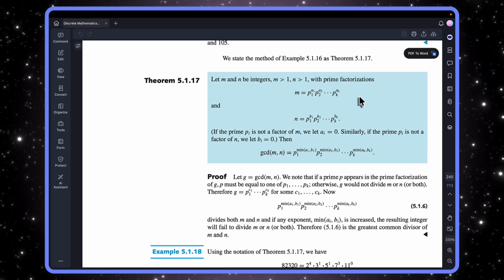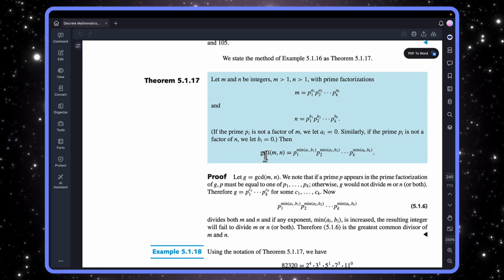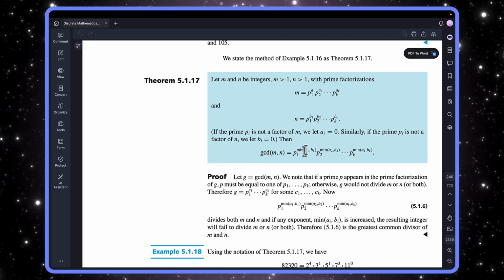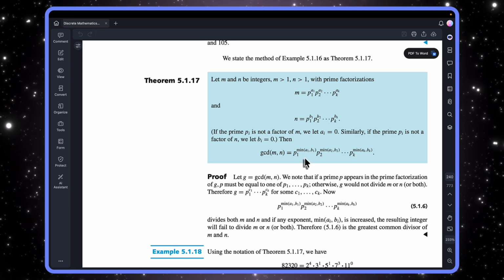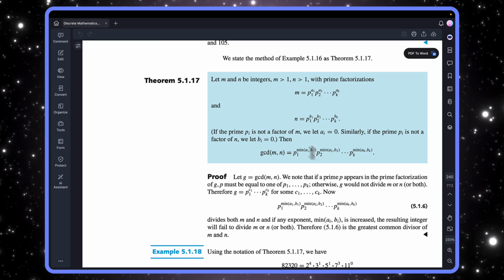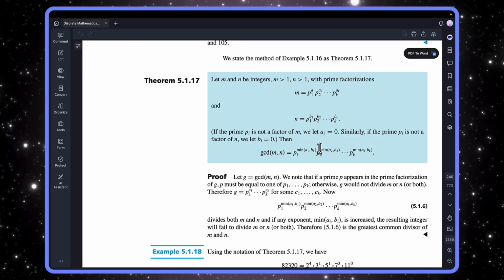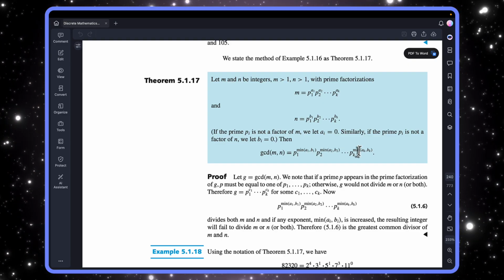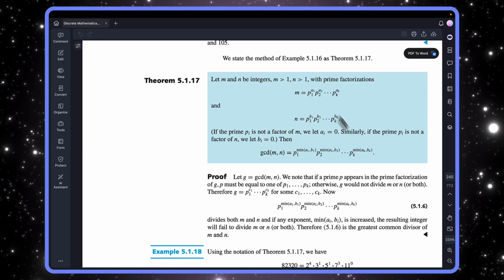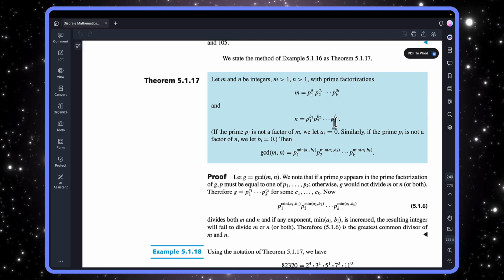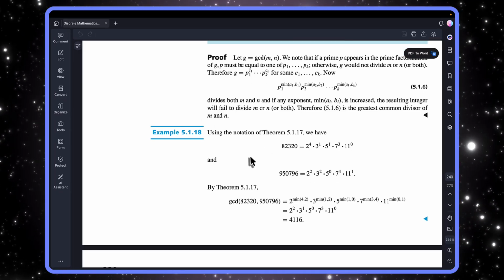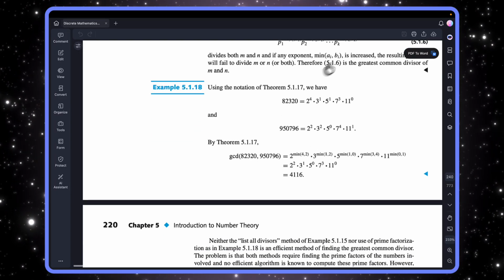So you can just write down the greatest common divisor of m and n: it's equal to p1 to the minimum of a1 and b1, times p2 to the minimum of a2 and b2, etc. If you think about it, that's fairly clear that this is the greatest common divisor, okay?